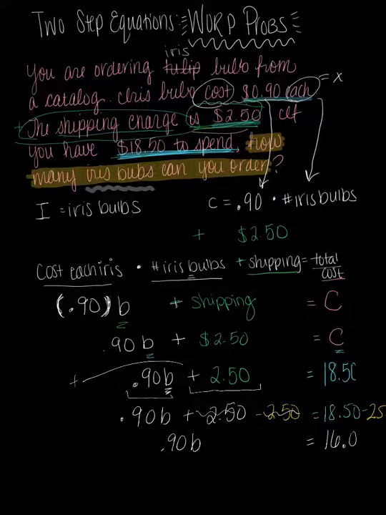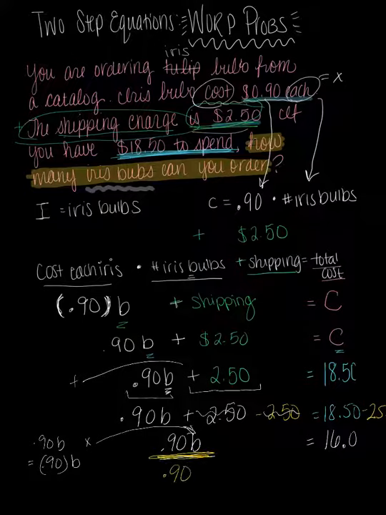And now I get to divide. Because I'm doing multiplication, 0.90b is the same thing as 0.90 times b. So because I've got multiplication going on, I need to do the opposite. So I am going to divide this side by 0.90 because that's going to cross out and leave me just B. And over here, I need to divide this side by 0.90.